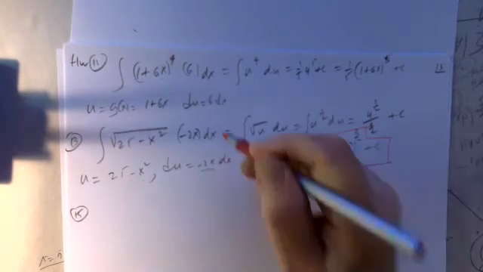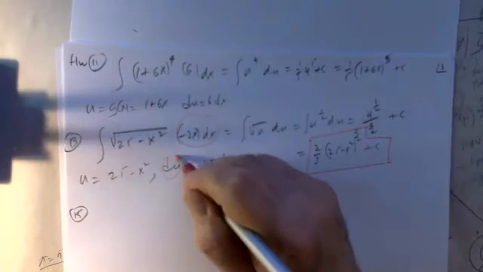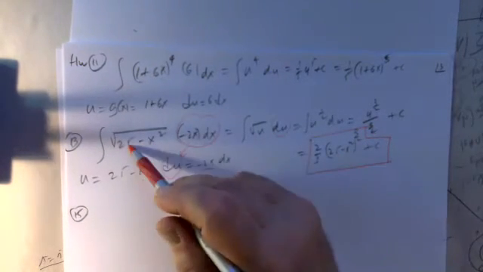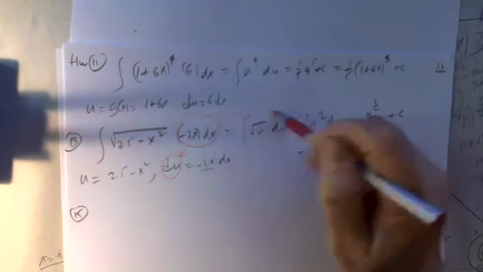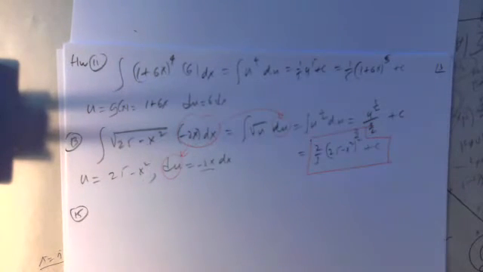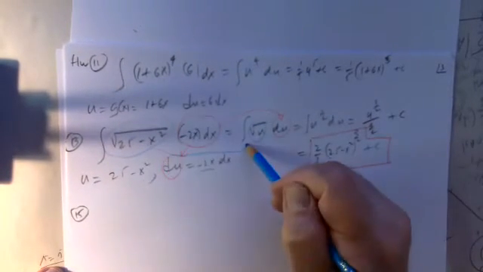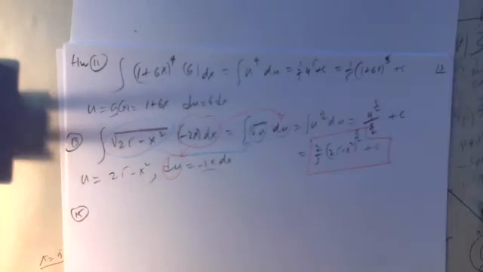So this is just du. And this is the square root of u. Okay. Right. This is the square root of u. Yeah, I get that. So you drop the minus 2x?